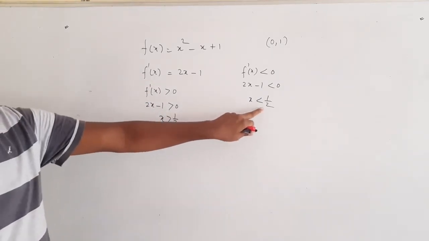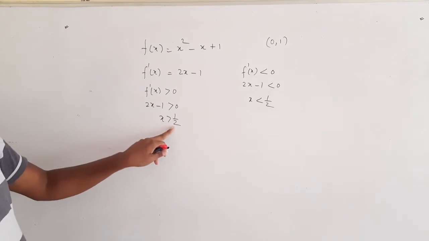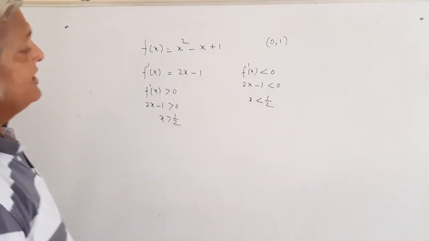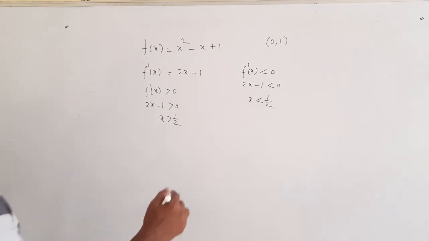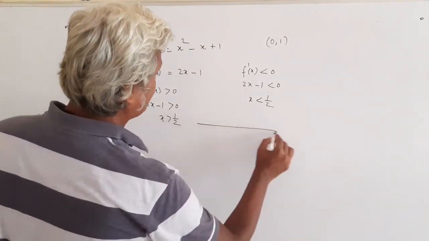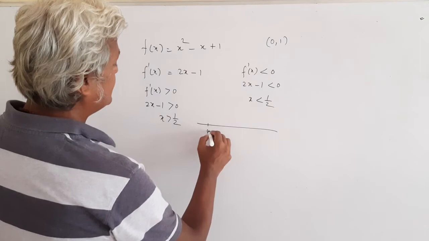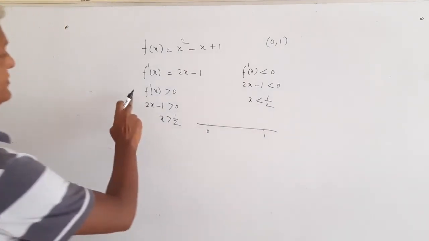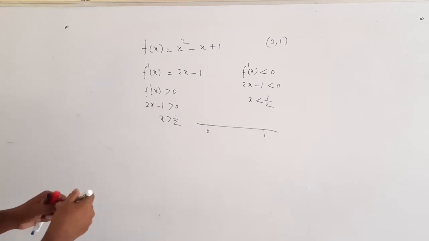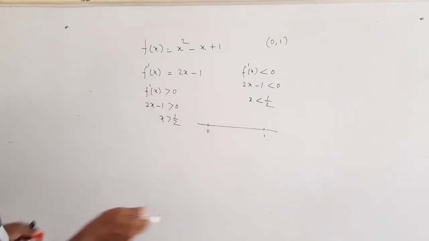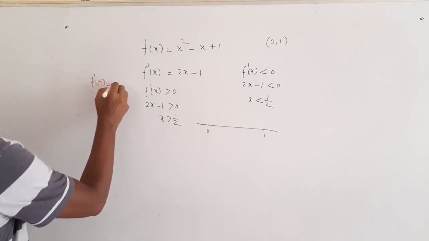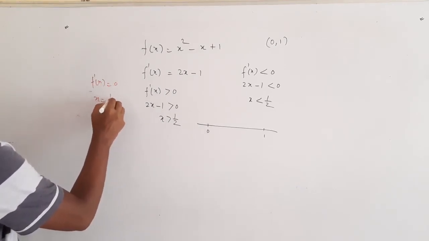For x greater than half, the function is strictly increasing, and for x less than half, it is strictly decreasing. It means that in the open interval from 0 to 1, there is a critical value, half, because if I set f'(x) equal to 0 to find the critical value, I find x equals half.